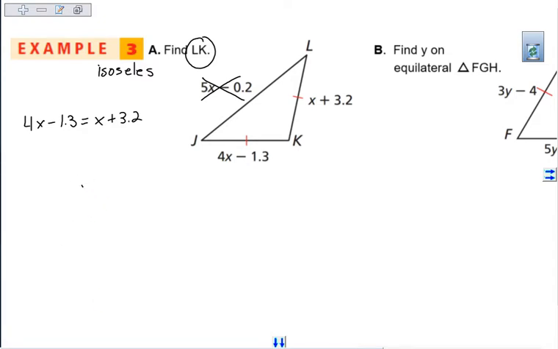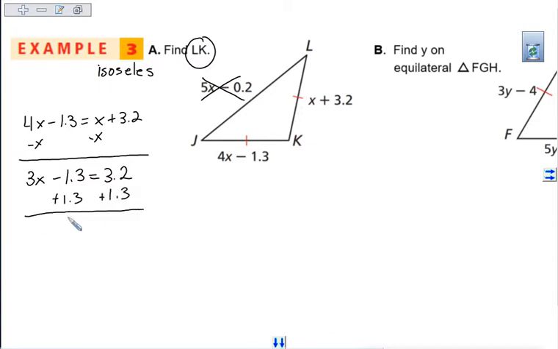Now we're going to go ahead and solve. Subtract x from both sides. So we have 3x minus 1.3 equaling 3.2. And then we're going to add 1.3 to both sides. So 3x equals 4.5. And then we're going to divide by 3. And x equals 1.5.